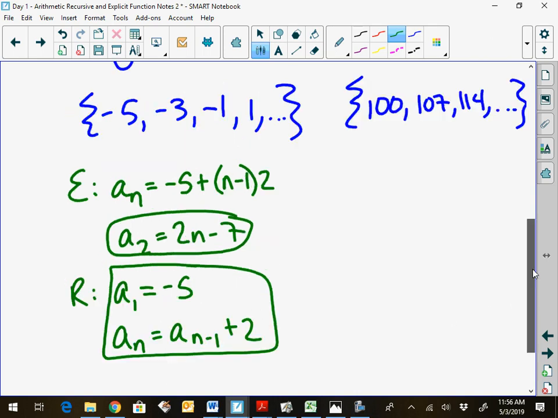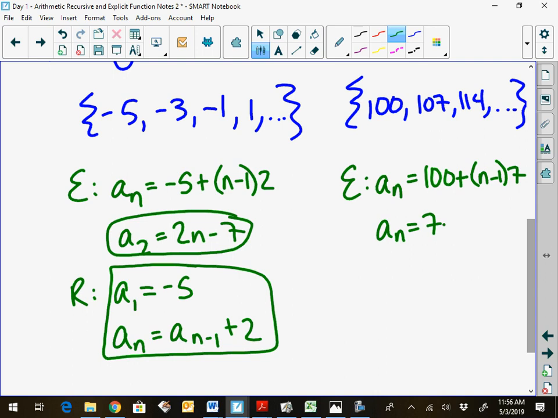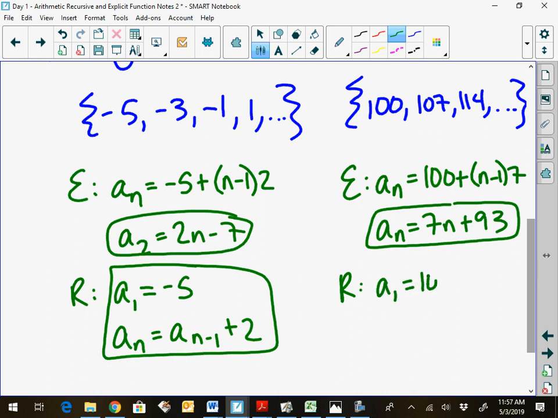And then for the second one, what you would have gotten is the explicit: a sub n equals 100 plus n minus 1 times 7. So that would simplify out to 7n plus 93. And your recursive, a sub 1 is 100.